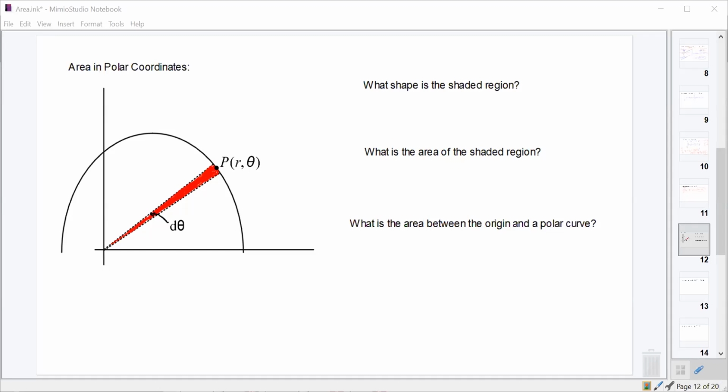So what shape is that little shaded region? It's just a little wedge of some curve, isn't it?